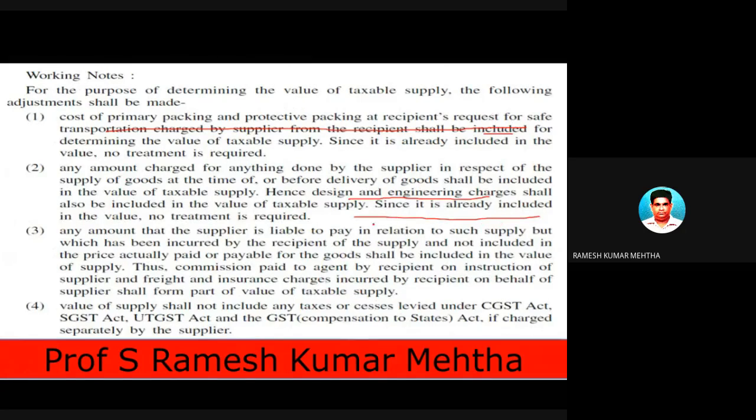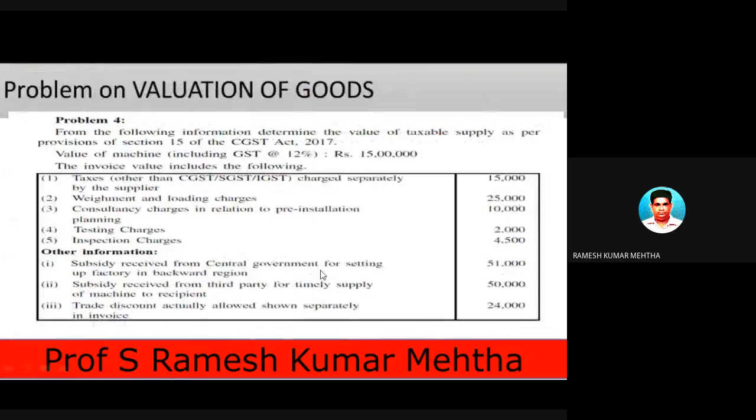So no treatment is required. In the same way, commission paid by the recipient to the agent should be included, and it is not included, so it should be added back. In the same way, any GST which is included should be deducted to arrive at the transaction value. So hope this is also loud and clear. Let's take the fourth problem.